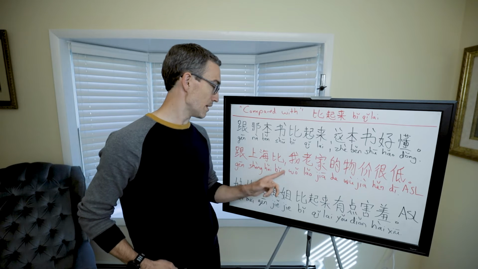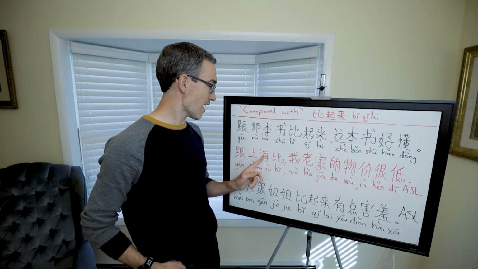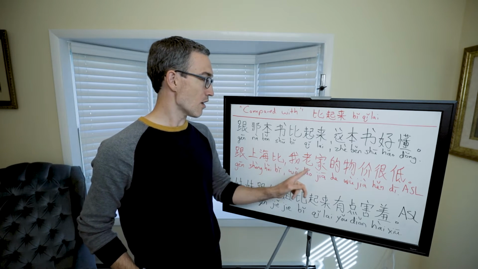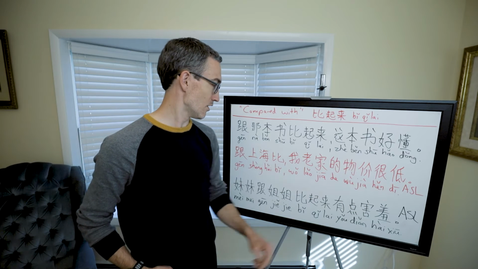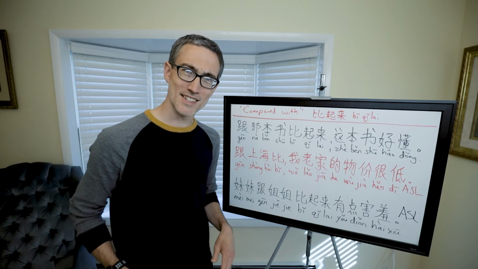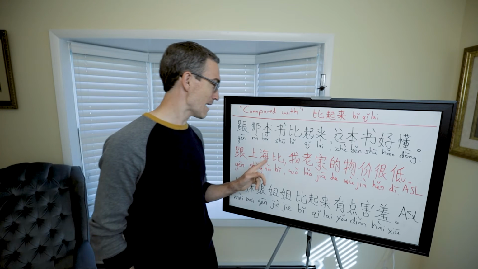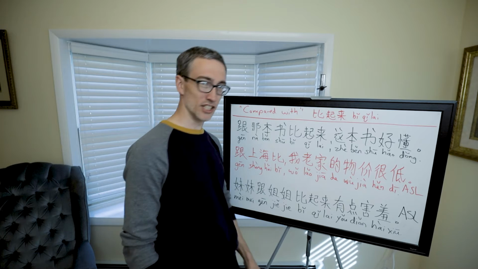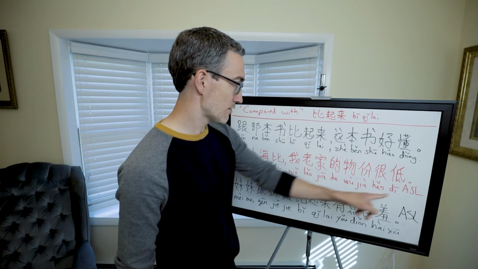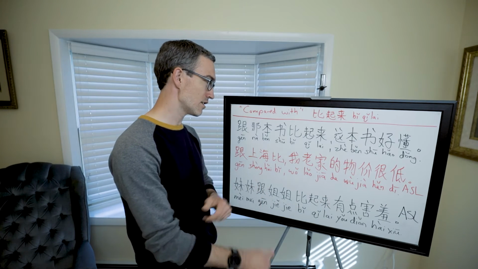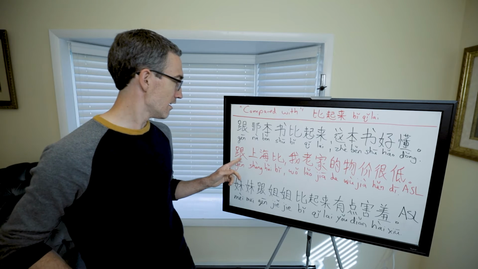All right, 跟上海比, 我老家的物价很低. Oh, we have a rhyming sentence in here. Ooh, yeah. 跟上海比,我老家的物价很低. That's from All Set Learning. Way to go, All Set Learning. Got a rhyme in there.